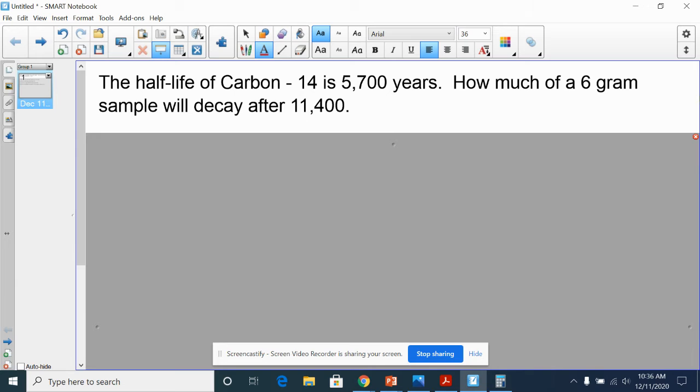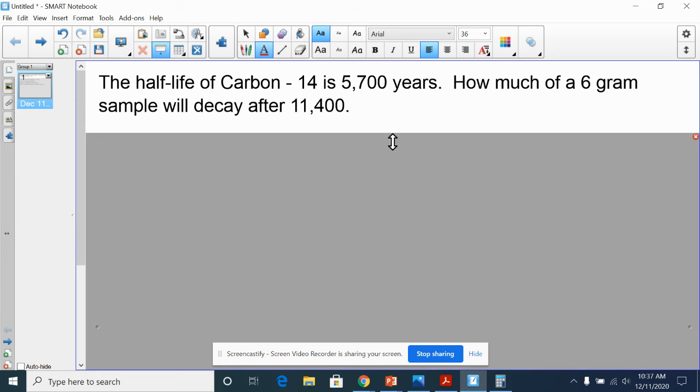And then it asks, how much of a 6-gram sample will decay after 11,400 years? Now on your quiz, it says how much of a 4-gram sample will decay. So if you know how to do this problem, then you're going to definitely be able to tackle that number 4 quiz question that is posted for that absolute dating quiz today.